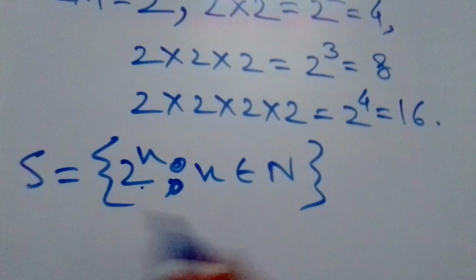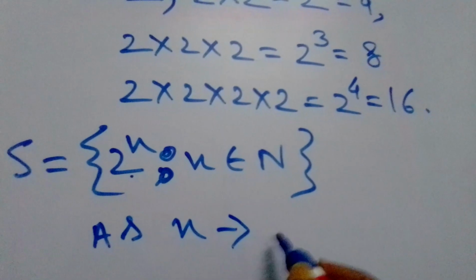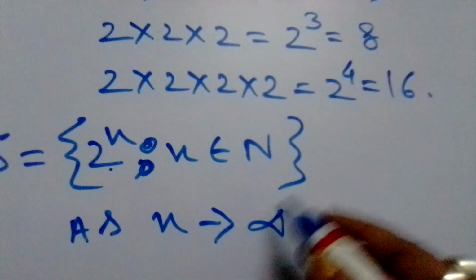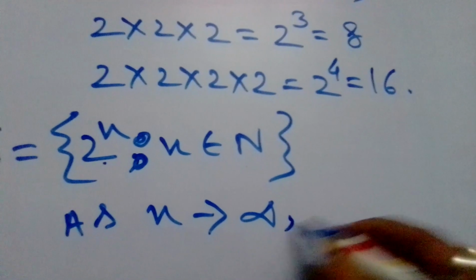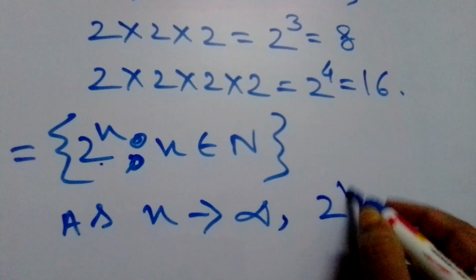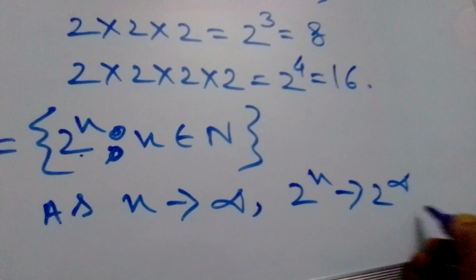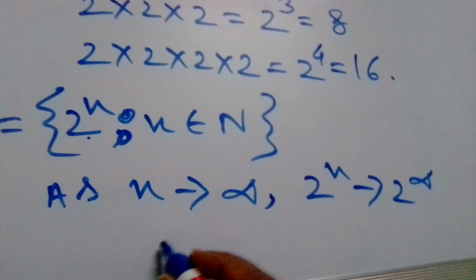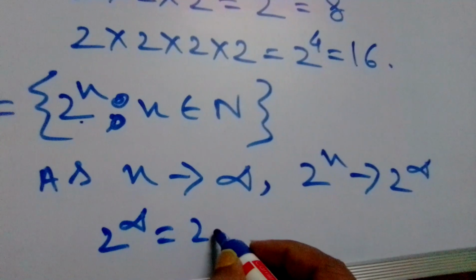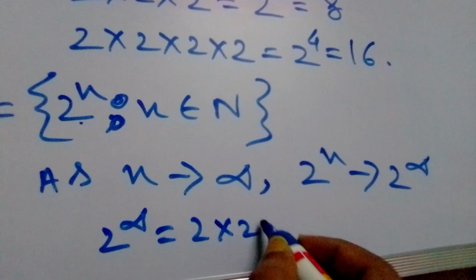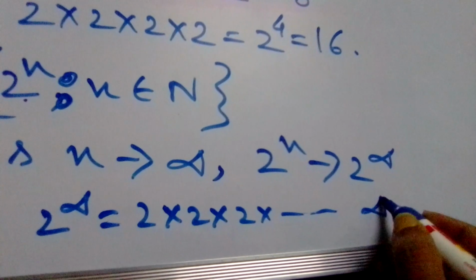So it is an endless quantity. As n tends to infinity, that means we don't know how far n goes, and then 2 to the power n tends to 2 to the power infinity, and that goes for 2 multiplied by 2 multiplied by 2 up to infinite times.